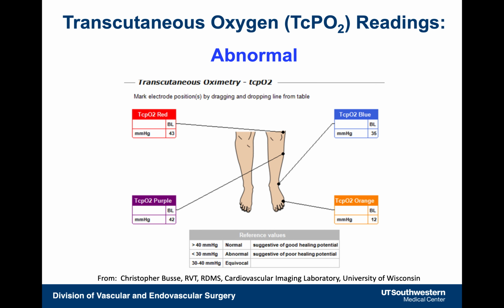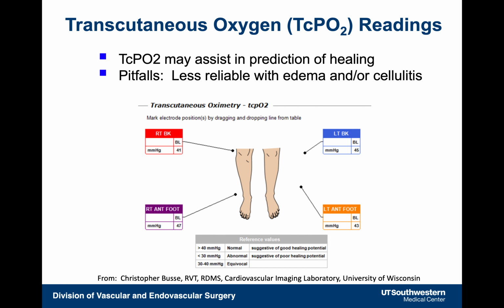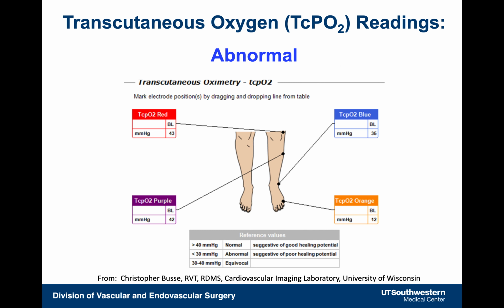And here's an abnormal example. Actually, let me go back to the previous example. You can see here the right below knee, right anterior foot, left below knee, and left anterior foot are all above 40, so in that normal range. Whereas in the example here, there's an abnormal reading in the left foot, a transcutaneous oxygen measurement of only 12.